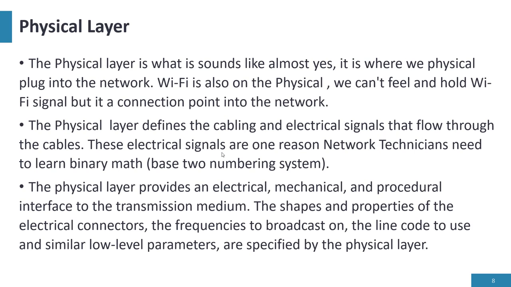Computers communicate in ones and zeros, and they transform that binary data into what you're looking at on your screen right now, a video on a YouTube channel that you can understand. You won't understand the ones and zeros, but you can understand what you see on your screen. The physical layer provides an electrical, mechanical, and procedural interface to the transmission medium.